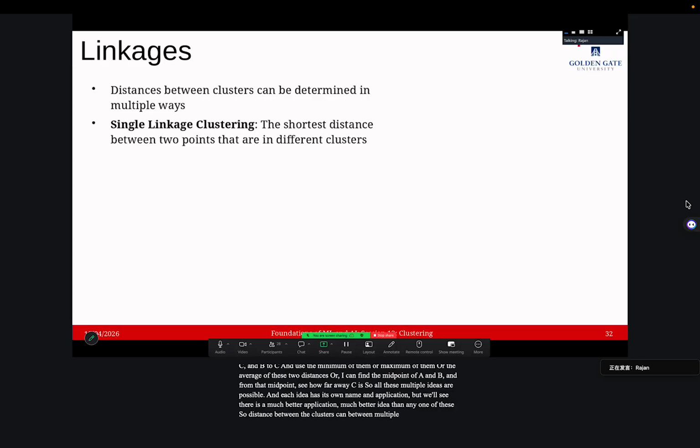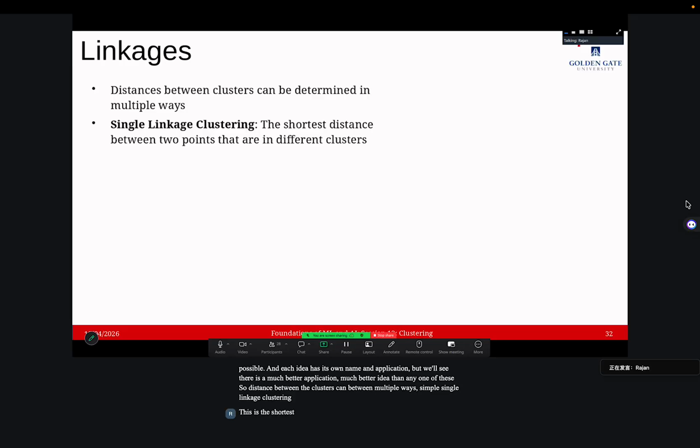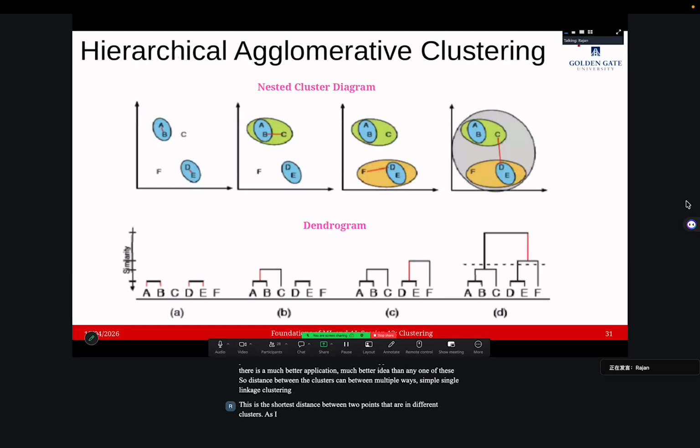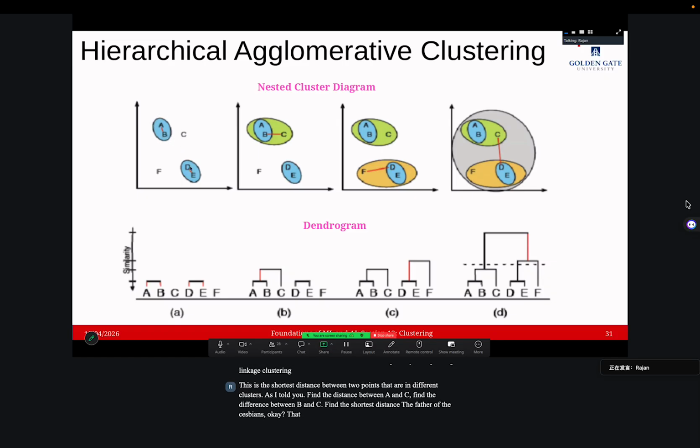Simple single linkage clustering. This is the shortest distance between two points that are in different clusters. As I told you, find the distance between A and C, find the distance between B and C, find the shortest distance. The shortest distance is B and C. Now D and C, E and C. The shortest distance is DE, and then FC.